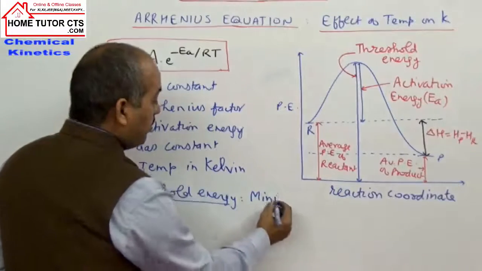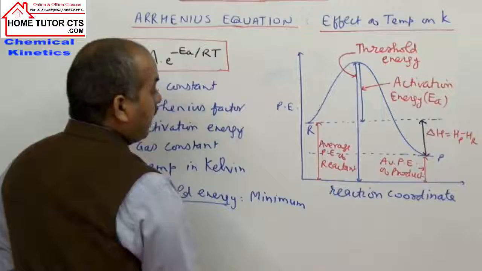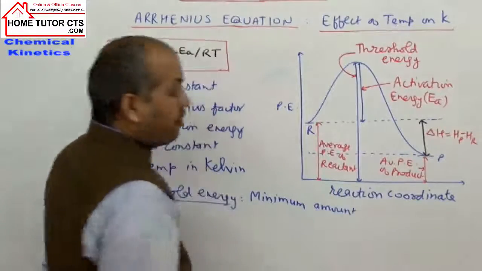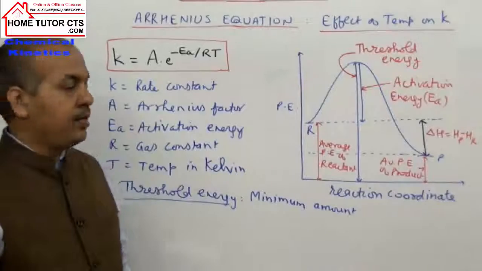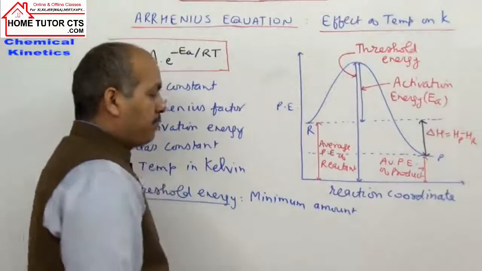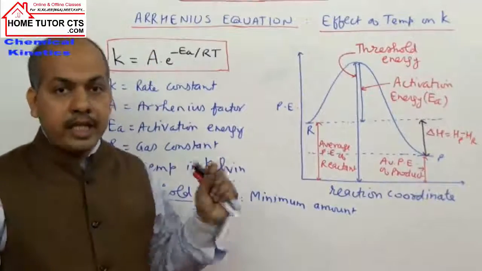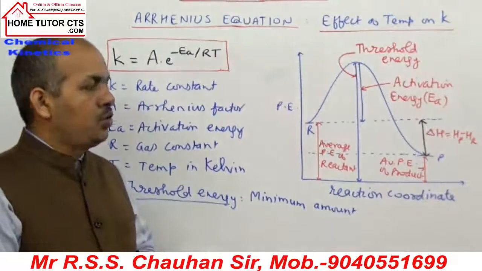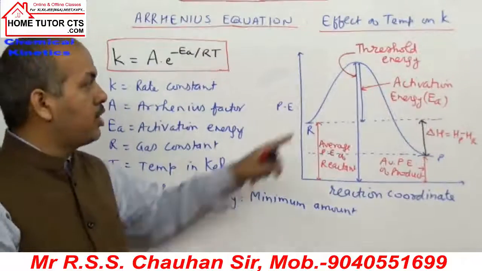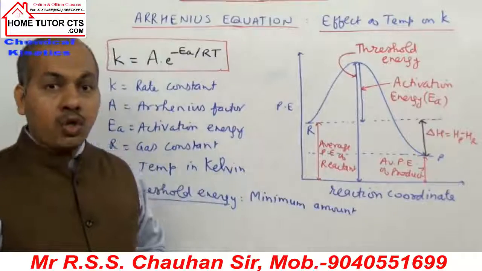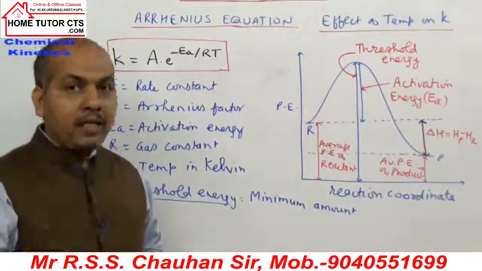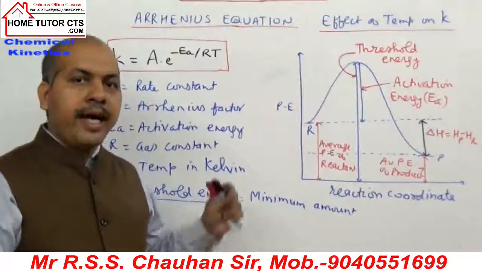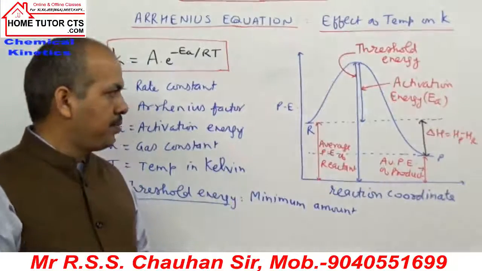It is the minimum amount of energy that the reactant molecules should have to cross the energy barrier and convert to product.